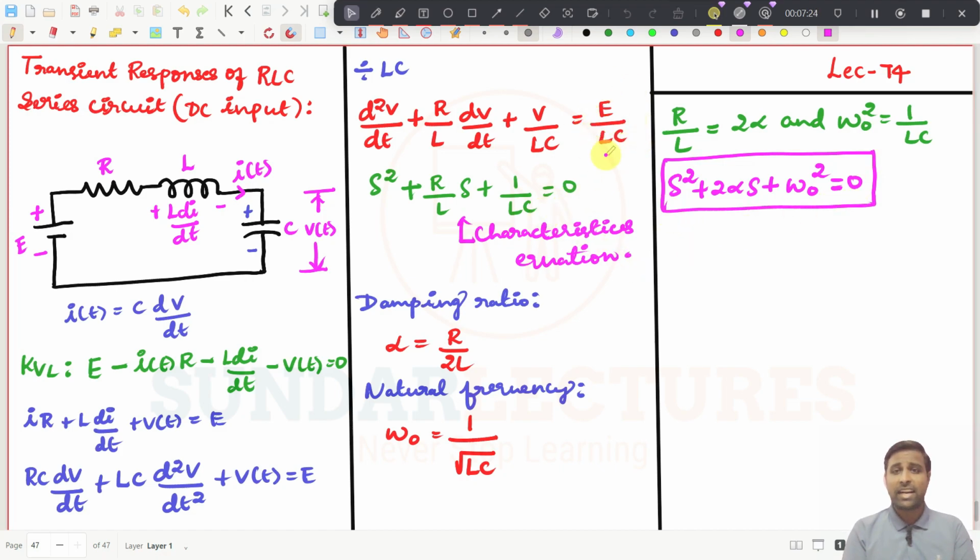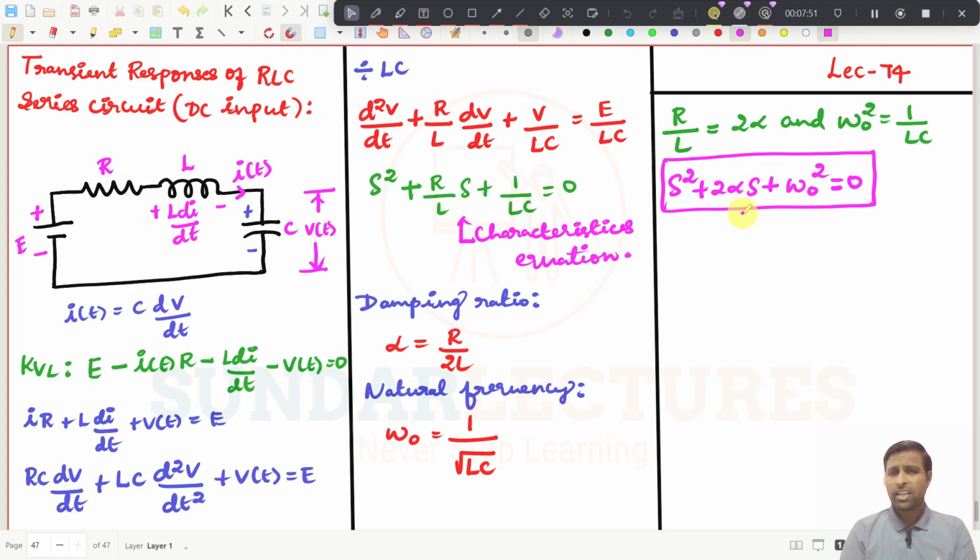The right hand side, E by LC, will come while finding the solution of the differential equation; obviously you are going to use it then, so don't worry about that. I am just explaining how to calculate the characteristic equation for this particular circuit. The right hand side excitation function will come while solving the differential equation, and we will see that clearly.